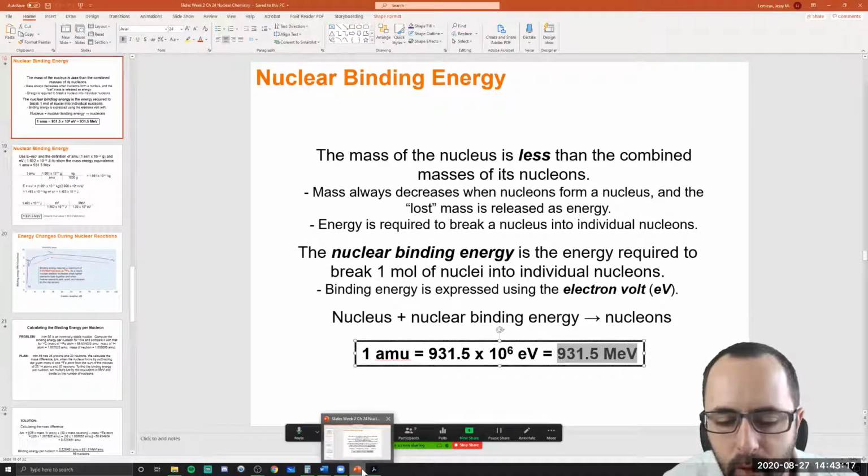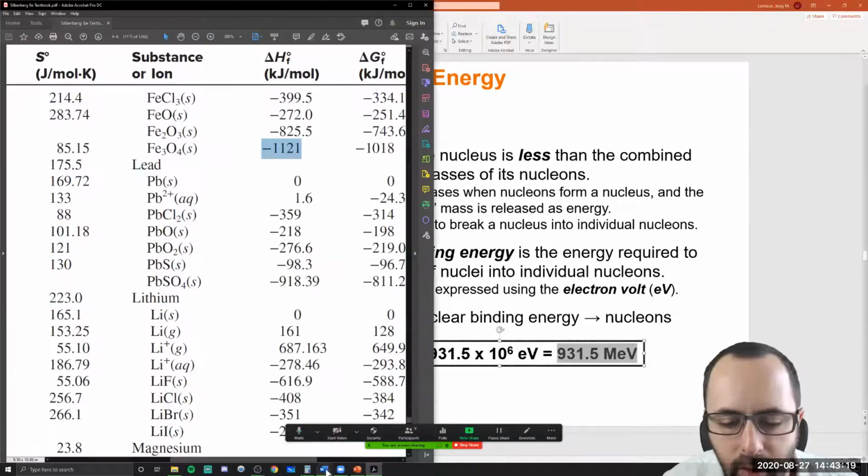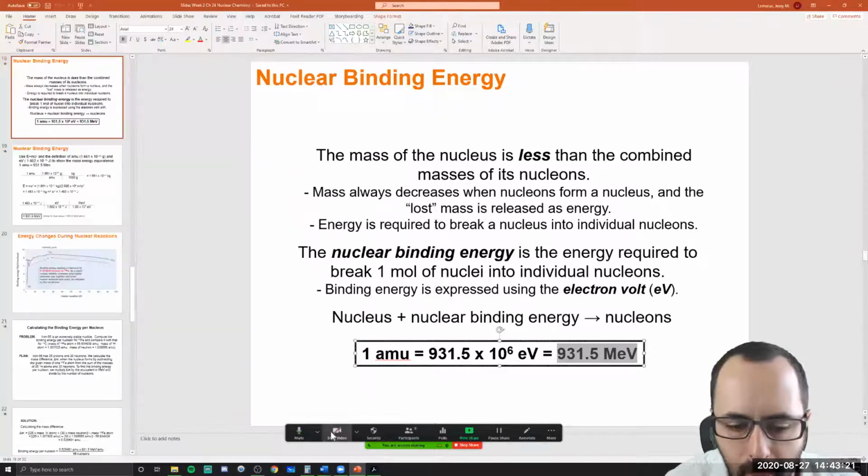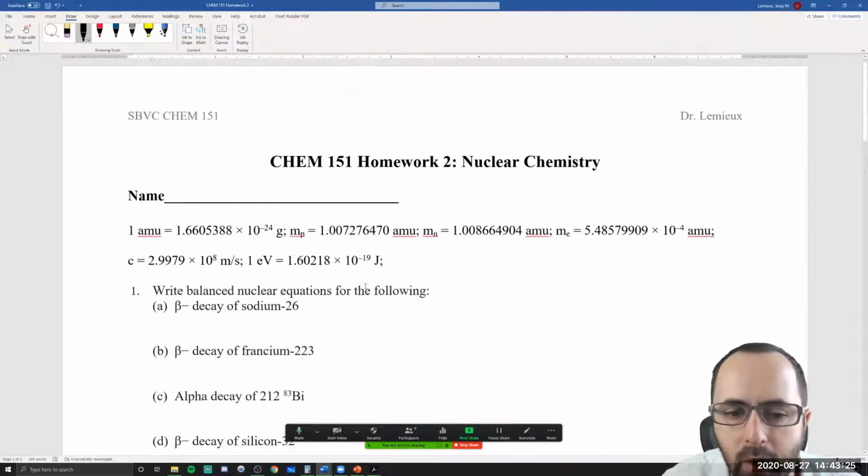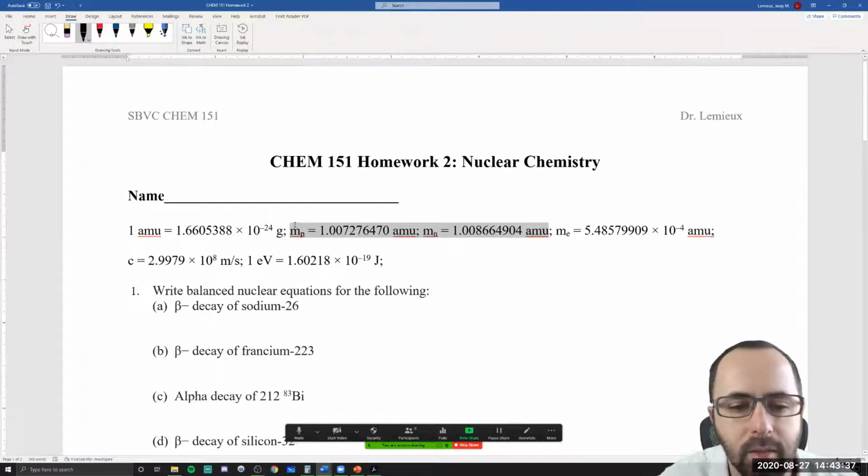If we look back at the homework, I do think I put the mass of the proton and the neutron. I didn't put the shortcut up there, but we do have the mass of the proton and the mass of the neutron. So we'll need these.